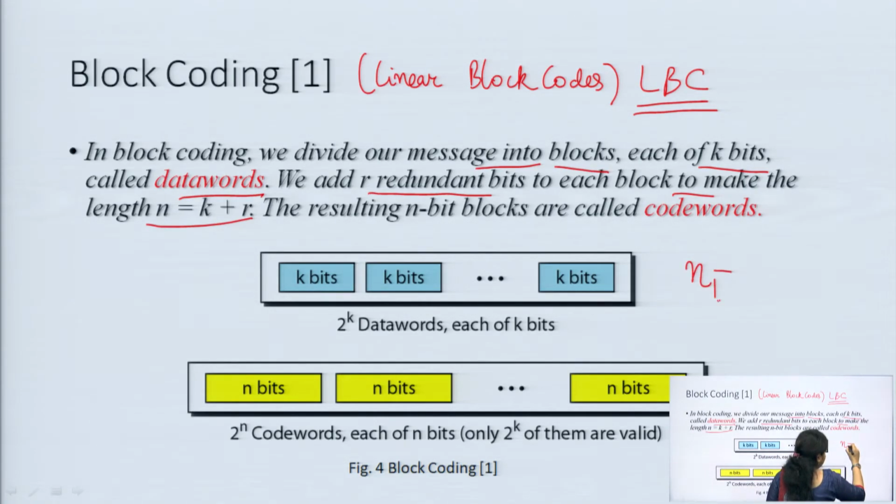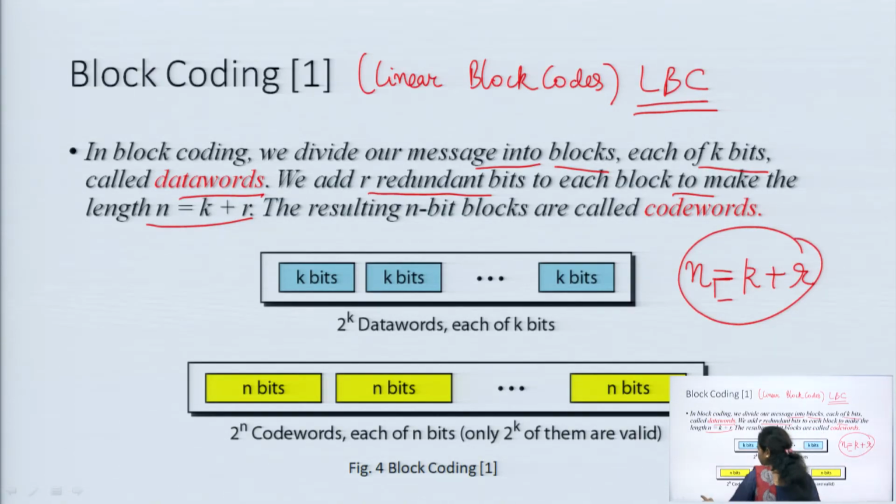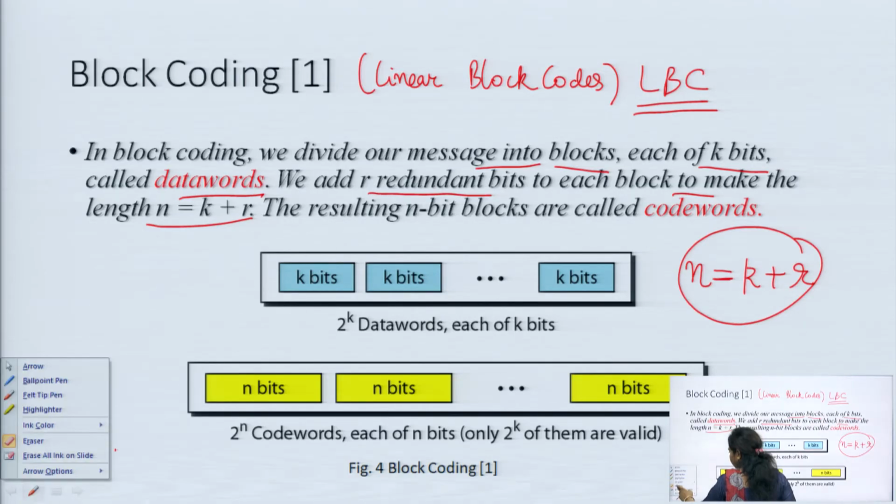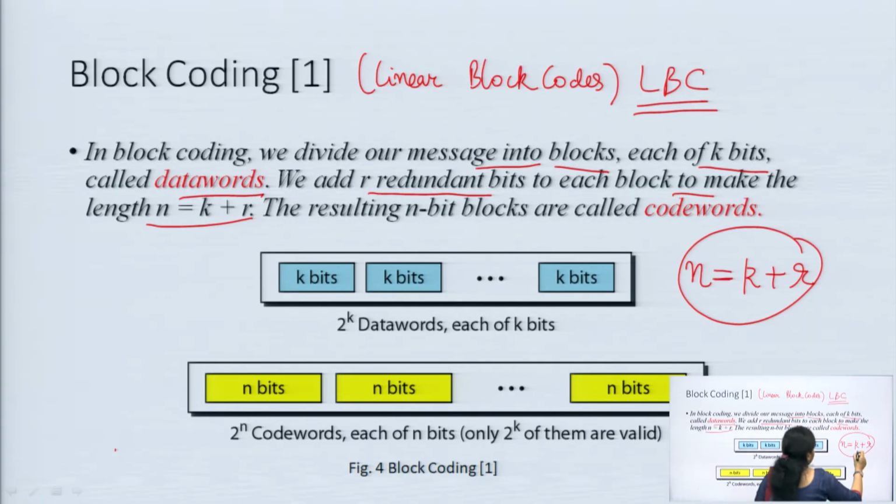n is equal to k plus r. This is the formula, which means the total length of the data will be n bits. k is the message bits, or the number of bits in a particular block.